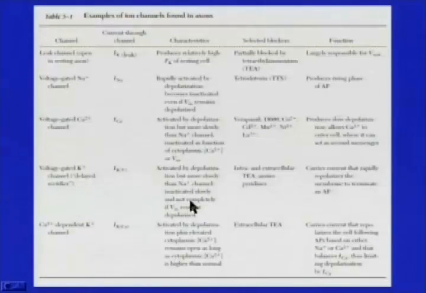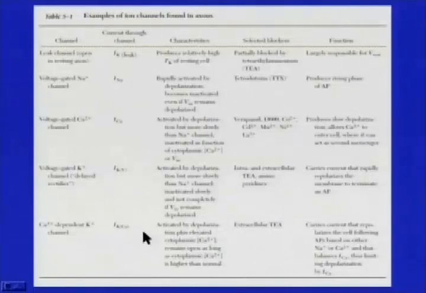These channels will stay open because it's voltage dependent for opening and voltage dependent for closing. So there's the ability to use intra- or extracellular TEA to block this, and aminopyridines will also block the I sub KV ion channels. So it carries the current that rapidly repolarizes the membrane to terminate the action potential, as you recall.